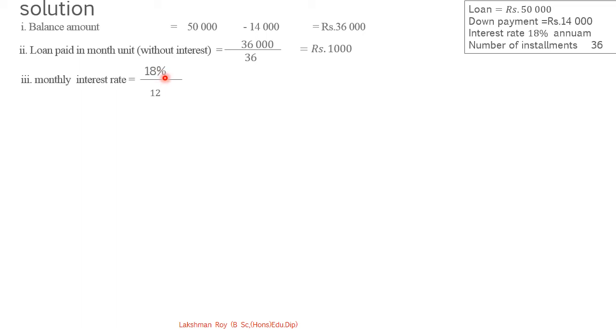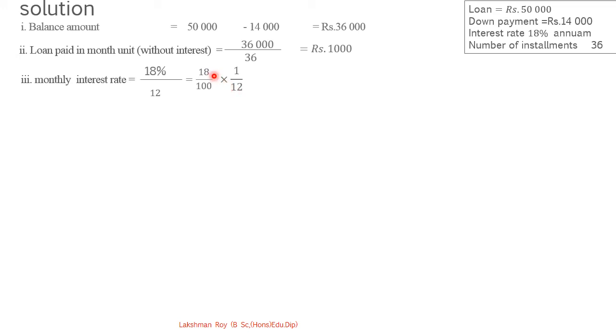See, 18% means 18 out of 100, that is 18 over 100. That should be divided by 12. Divide by 12 means multiply by 1/12. Then you can simplify, since it is a multiplication of two fractions: numerator with denominator.